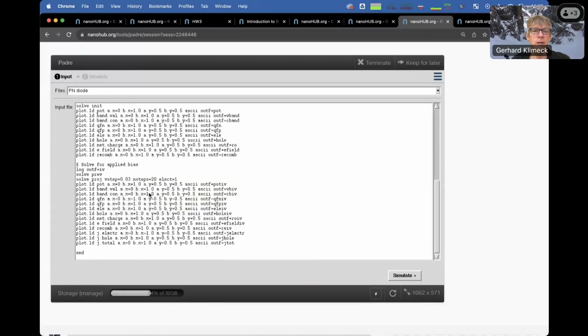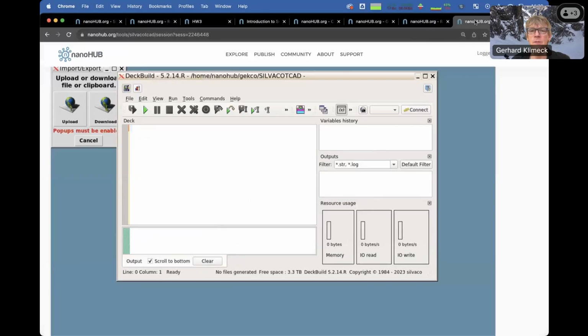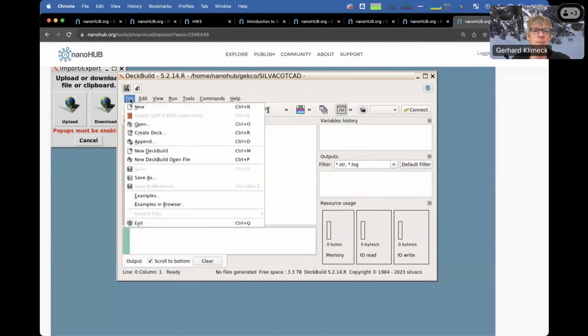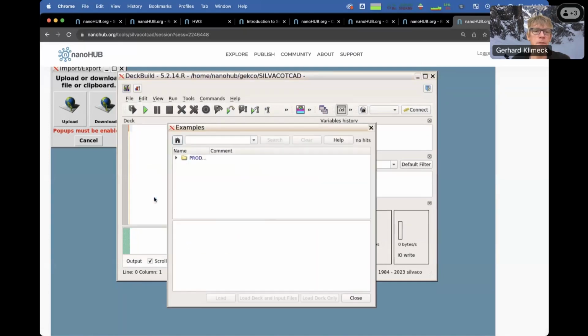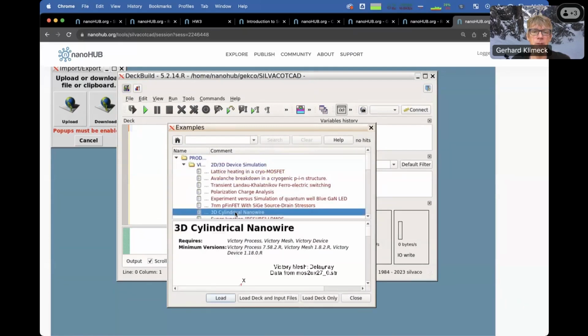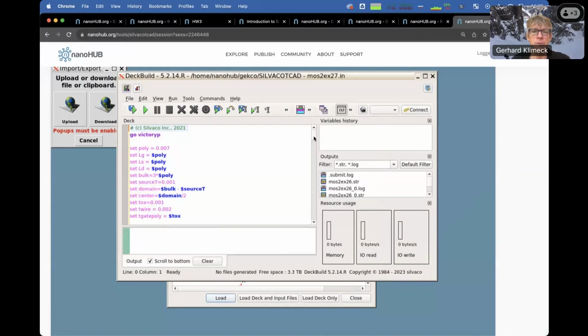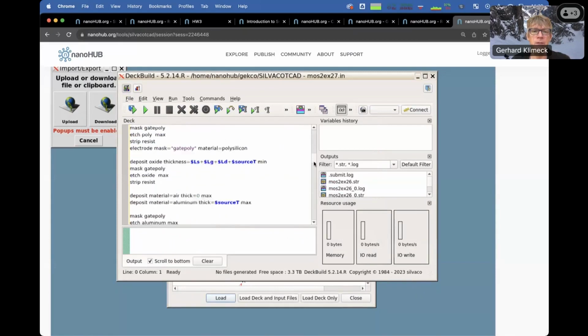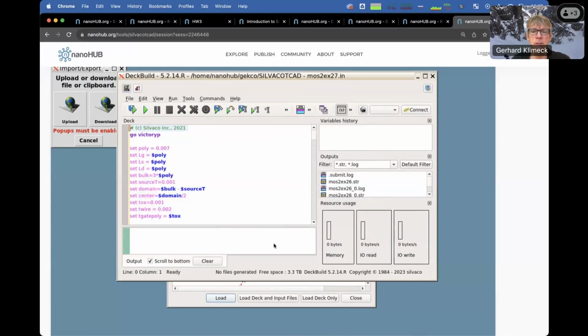So you can do Padre with an input language, or you can do Silvaco with examples here. For example, you can do process simulation, device simulation. You can do all kinds of complicated stuff. Under the hood, it also has its own language, and you can run a full-fledged tool and work that way.